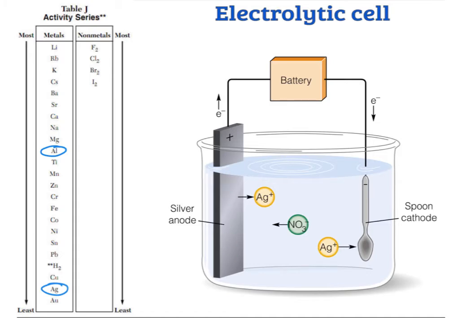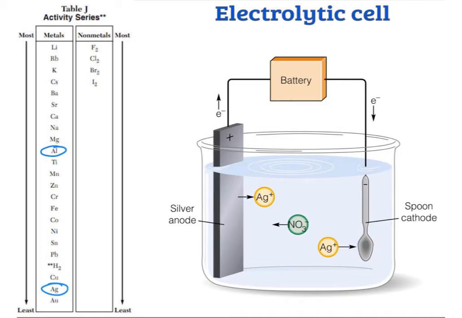But this is an electrolytic cell. Here we installed a battery, and the battery will be acting as a pump that is pulling electrons away from the silver electrode, forcing the silver atoms of the electrode to be oxidized, to be losing their electrons. The battery will be pulling electrons away from the silver and sending them in the opposite direction towards the spoon.